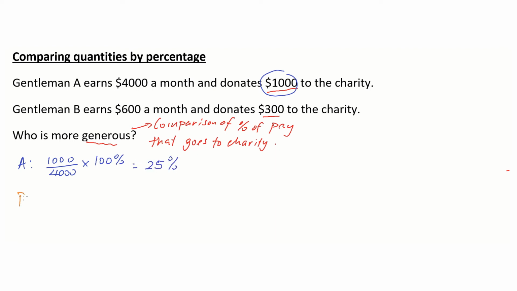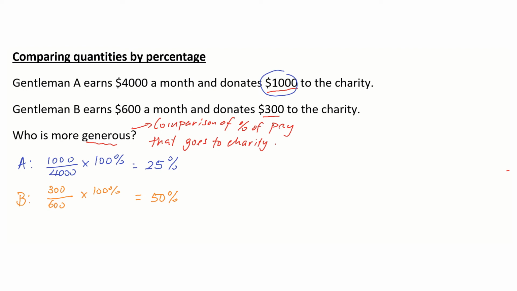Whereas for gentleman B, expressing how much he has donated as a percentage of how much he earned, multiplied by 100%, you realize that gentleman B actually donates 50% of how much he earns.